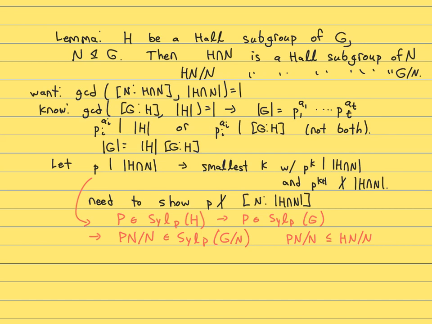So you'd be able to prove that the GCD of the index of HN mod N in G mod N and the order of HN mod N also end up being relatively prime.